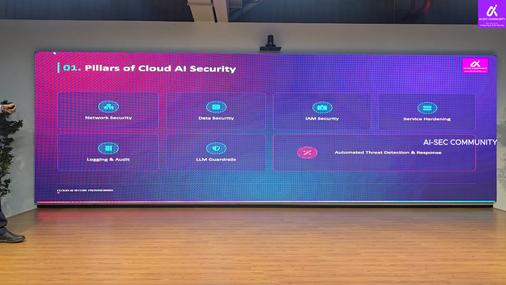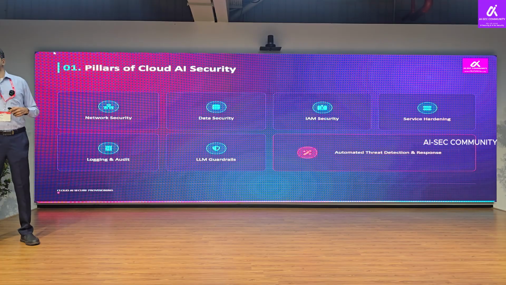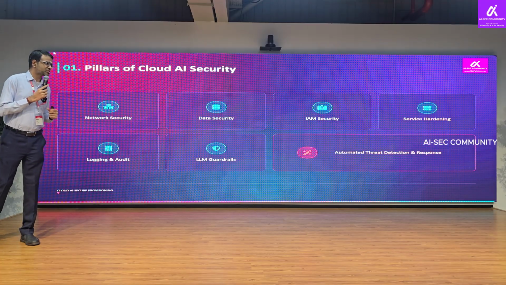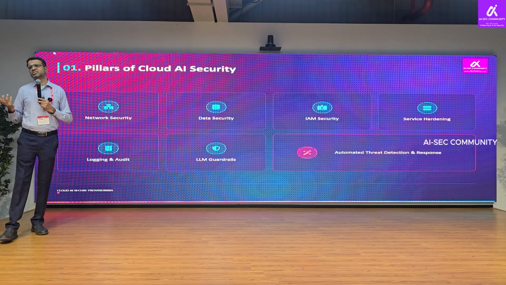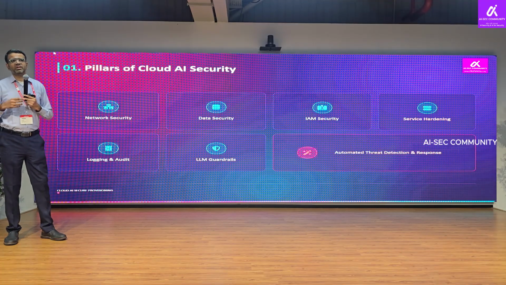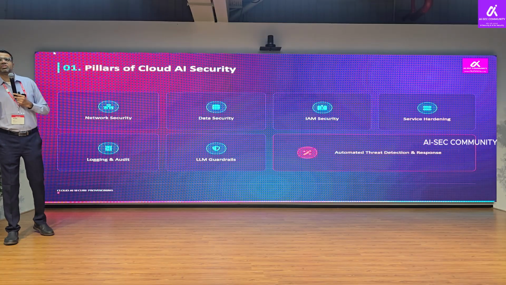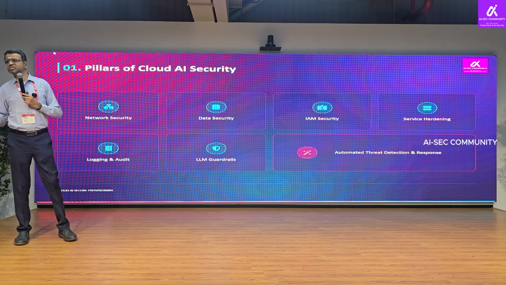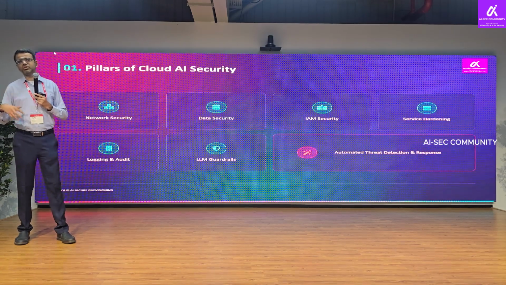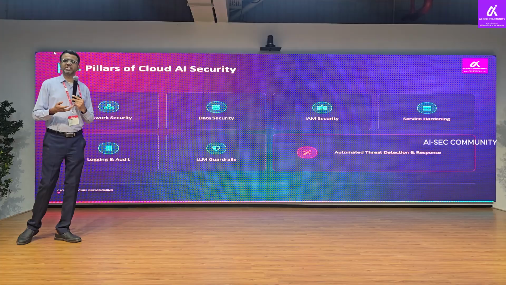And to add to that, what cannot be left out is the last one: automated threat detection and response. We cannot be in the old age where a SOC team just gets logs and then starts a bridge call to analyze the logs, engage stakeholders, and try to remediate.